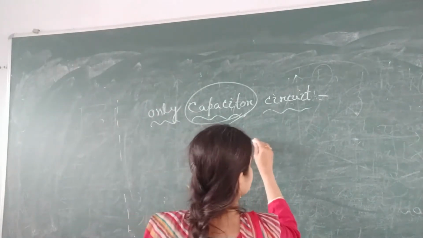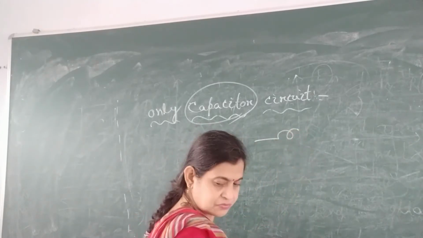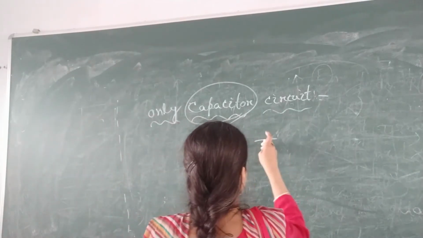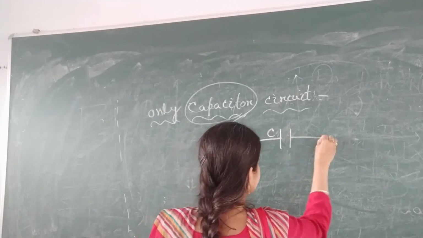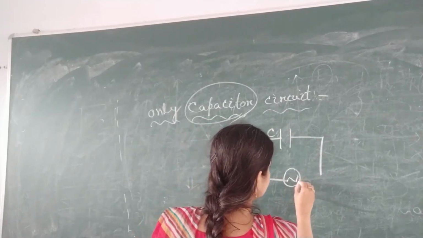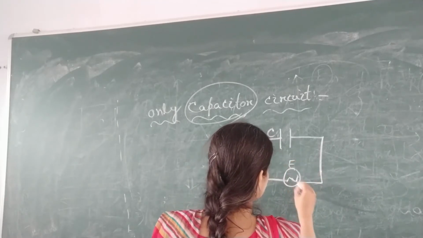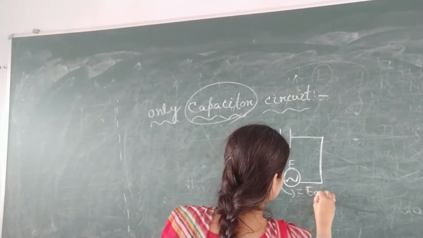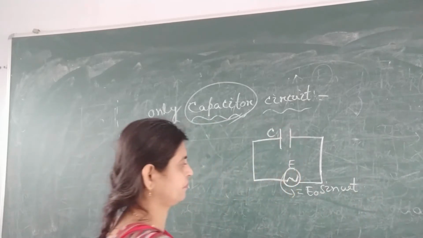So suppose this is a circuit which consists of a capacitor C, and that is connected to an alternating source of EMF E, that is equal to E0 sin omega t.